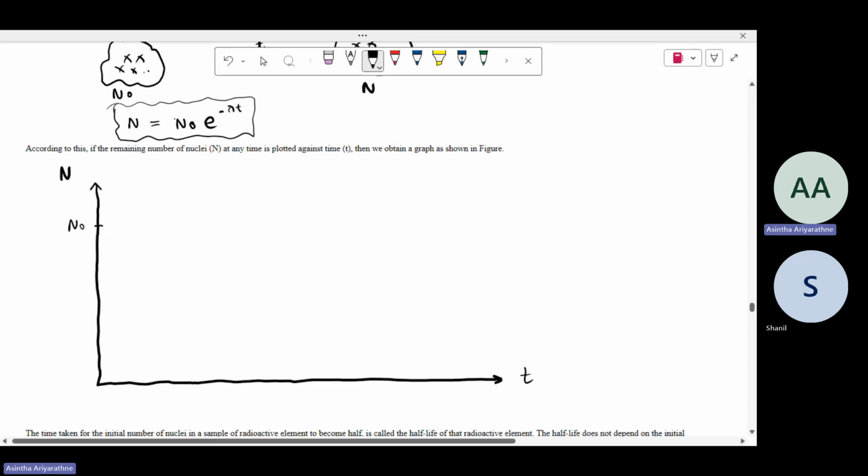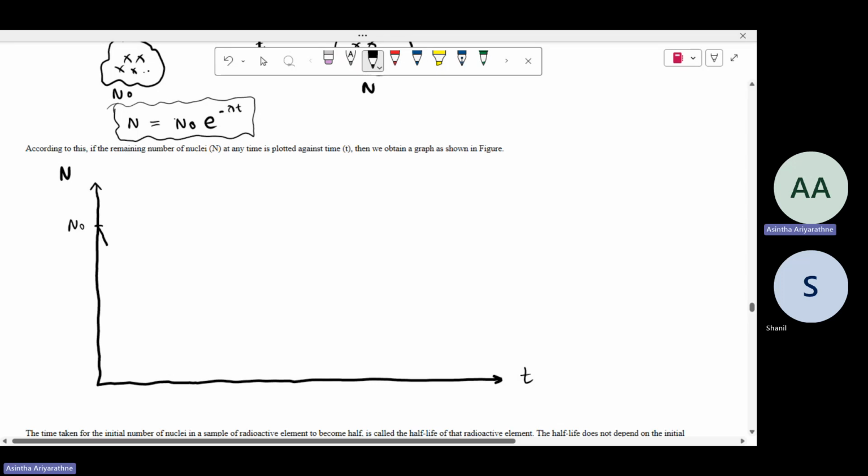When time goes to infinity, e to the power lambda t becomes a very huge value, so N naught divided by infinity is 0.